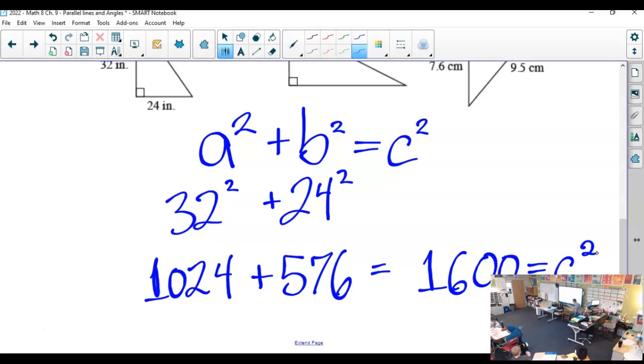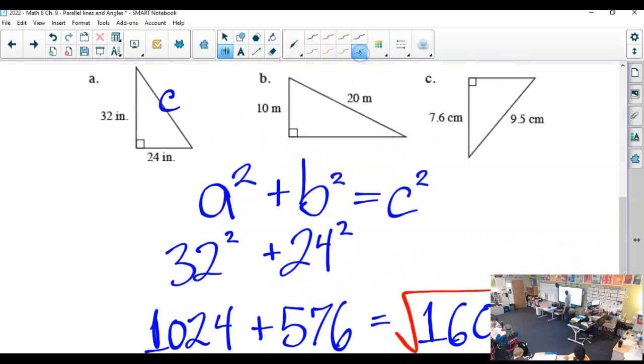Spencer, how do I deal with unsquaring something? We square root it. So if I want to square root that, I got to square root this. And what is the square root of 1600? Making C 40 inches.